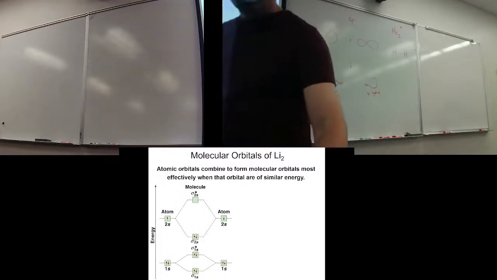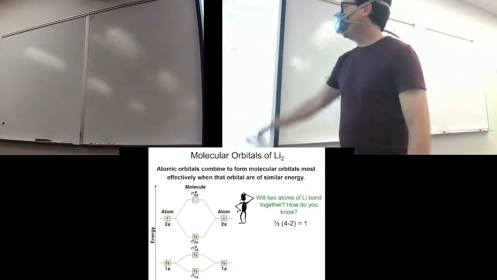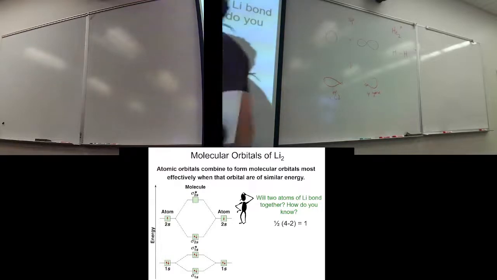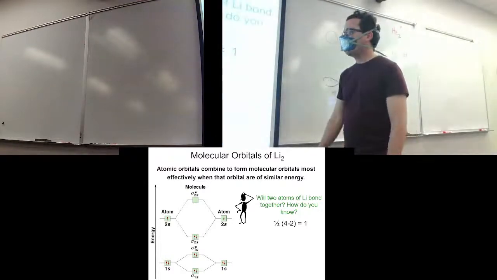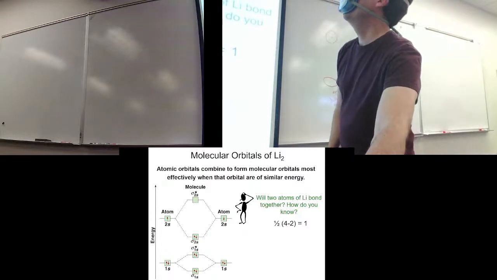If I calculate the bond order for this thing, I can use the whole thing. 4 electrons in bonding MOs, 1, 2, 3, 4. 2 electrons only, so there's 2 in antibonding MOs. 4 minus 2 times a half is 1. So you can make a bond between 2 lithium atoms.